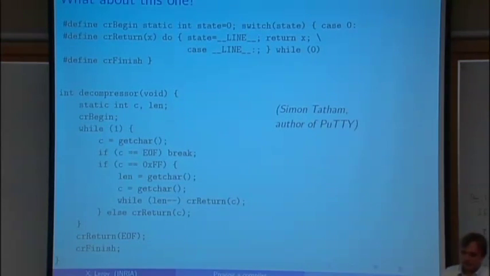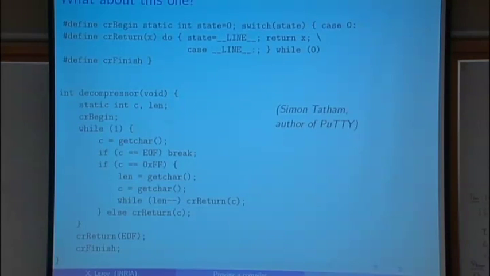So basically, you have a special code meaning n repetitions of the following character. And if you look at it superficially, you're reading a character. If it is a special character, then you read a length and a character, and you emit n copies of that character. Otherwise, you emit the original character, and you do that until end of file.